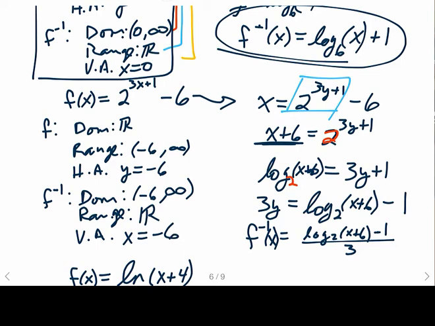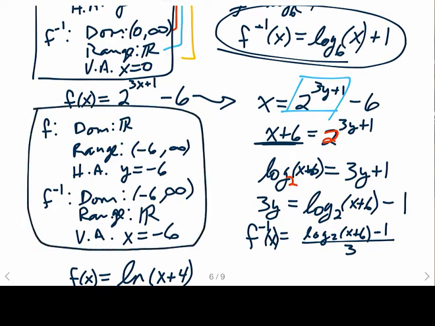Just a little note, the domain -6 to infinity is obtained by looking at the argument of the log, x plus 6. We want numbers that are going to be positive in that argument. In any case, here we have our information for f and f inverse that was asked, as well as f inverse itself.